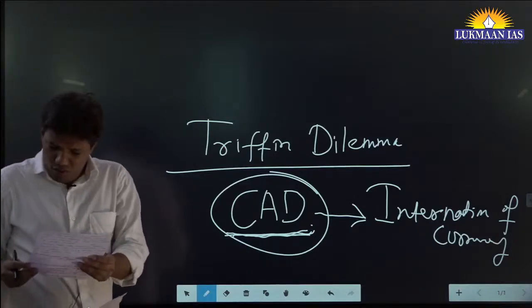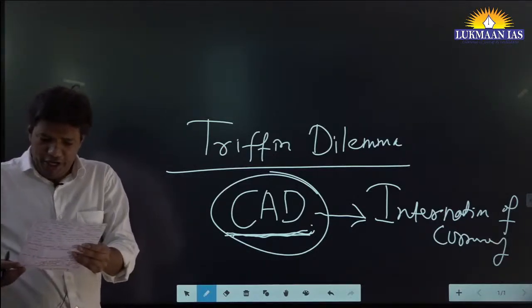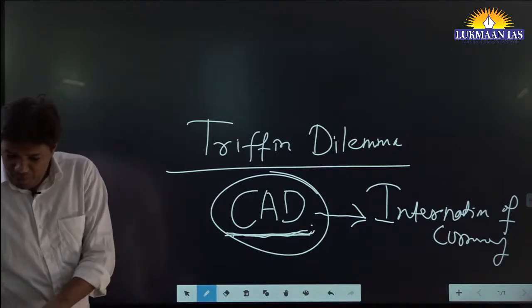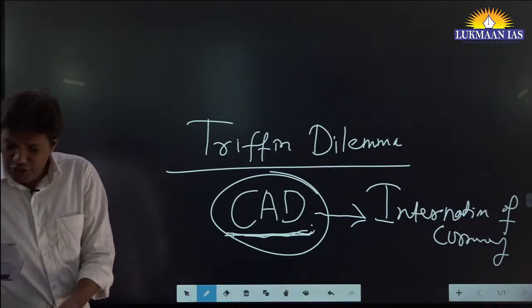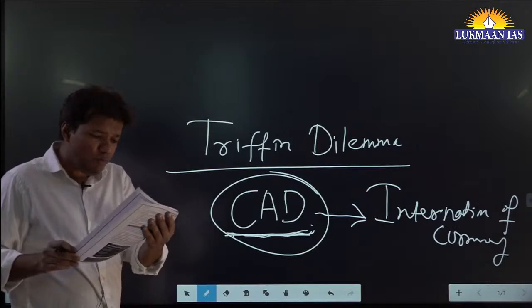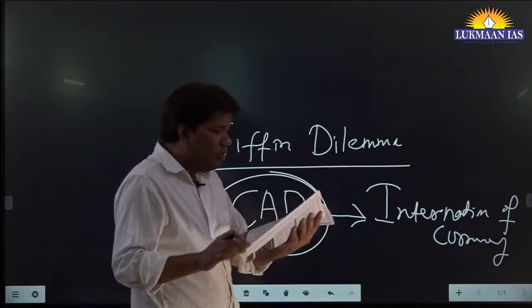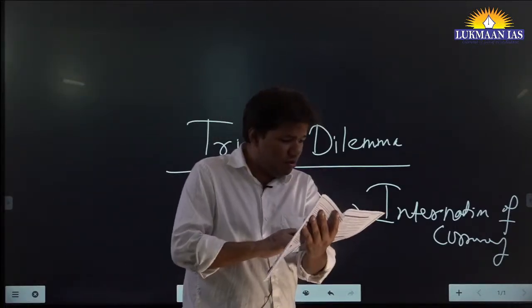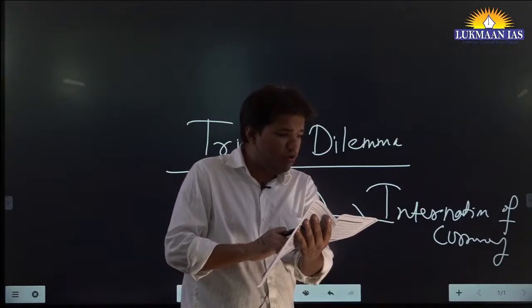Now, liquidity, impossible trinity I have covered. Aldrich plan I have told you, right? Interest equalization scheme. US liquidity exchange.